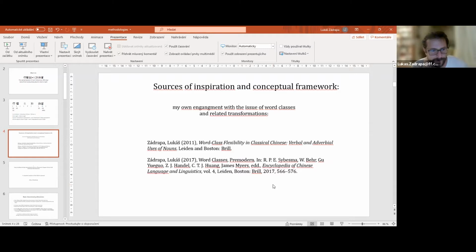It was what I studied in my dissertation, which was published as Word Class Flexibility in Classical Chinese. And I focus on verbal and adverbial uses of nouns, which is the opposite process, not nominalization, but verbalization, let us say. But I think this is just the opposite direction of practically the same process, we can say very, very roughly.